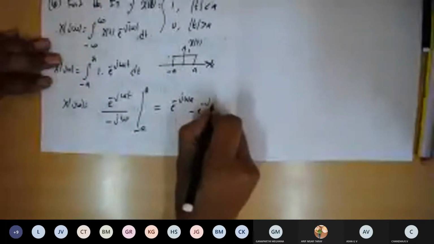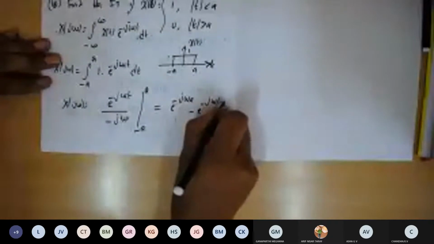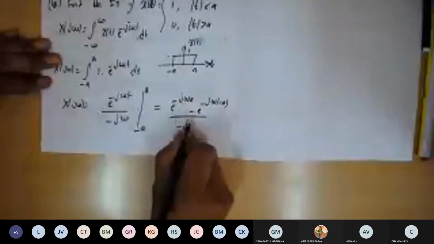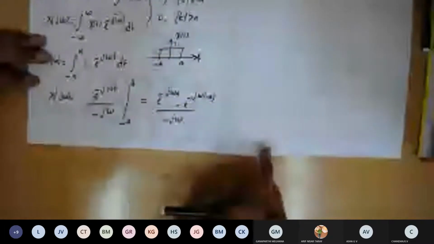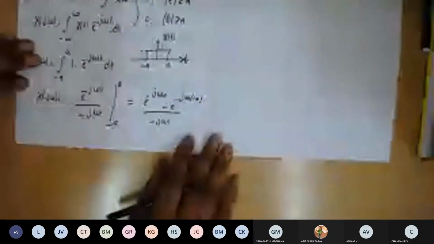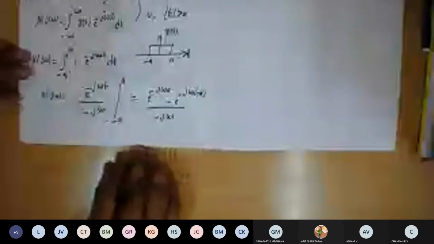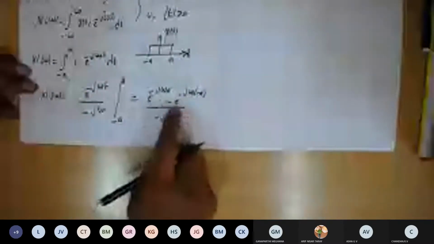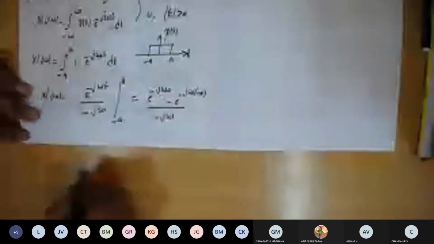So e to the power of minus j omega into minus a divided by minus j omega. The minus into minus will become plus, and it becomes e to the power of plus j omega a minus e to the power of minus j omega a, divided by j omega.